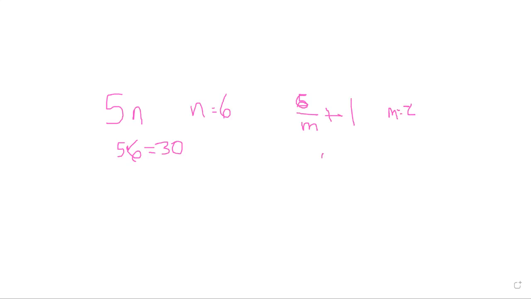I simply plug it in. So it becomes 6 over 2, which is division, plus 1. So 6 over 2 is 3. You add the 1, and you get 4. So that's all the first part of this is going to go today.